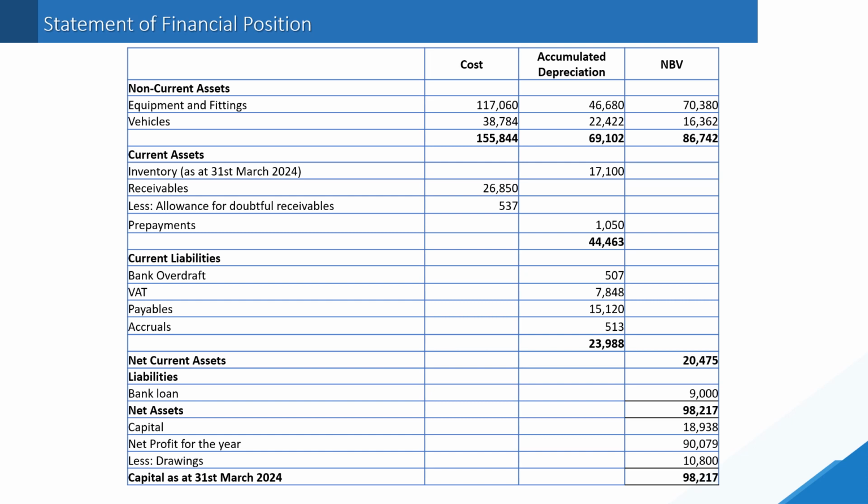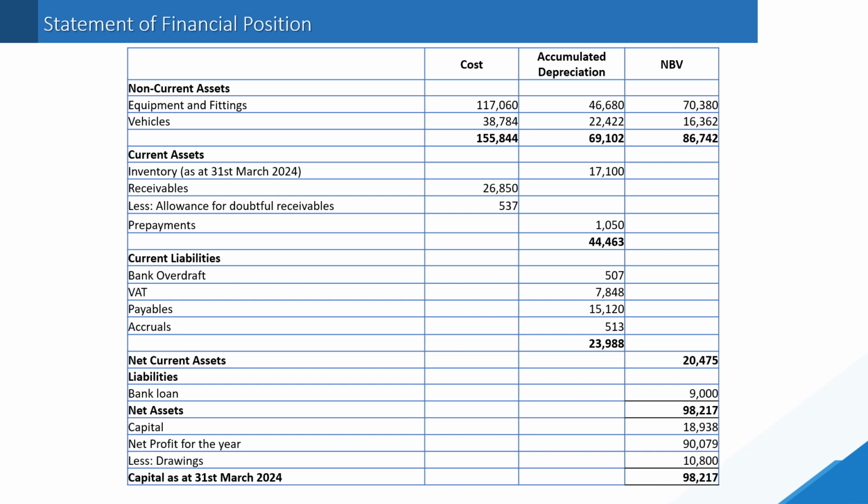That means that at the 31st of March 2024, all these balances are very true and very accurate and reflect the position of the business. But on the 1st of April 2024, those balances will move on as new business transactions are processed. So it very much is a snapshot of that business's performance.